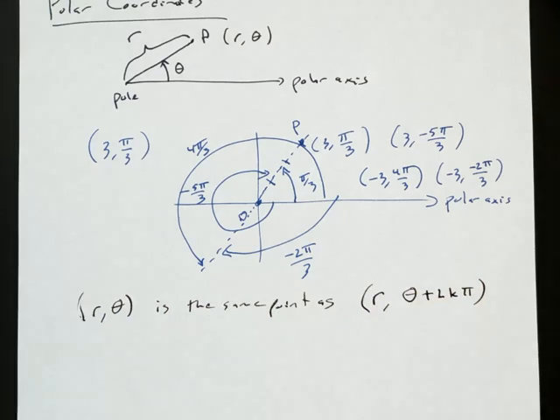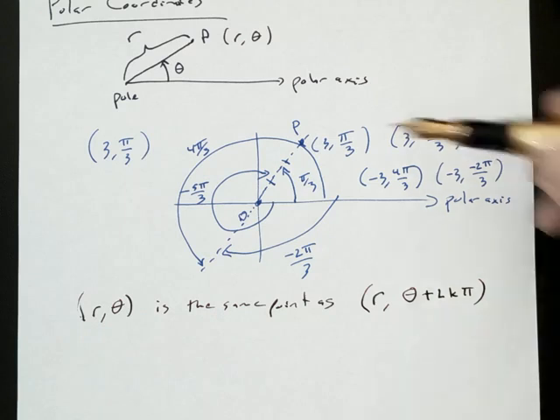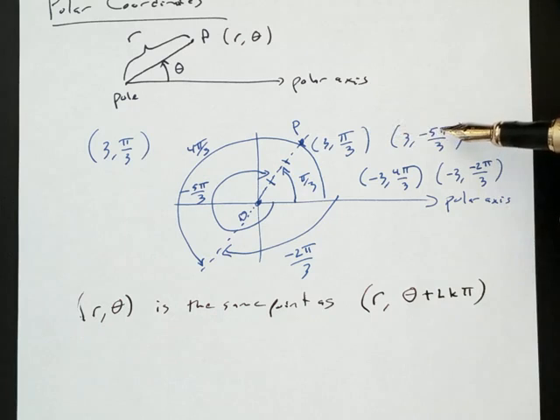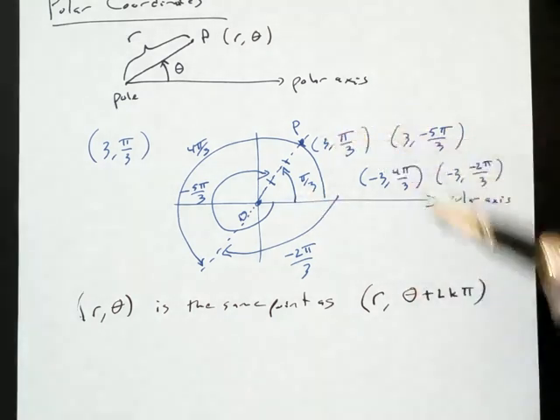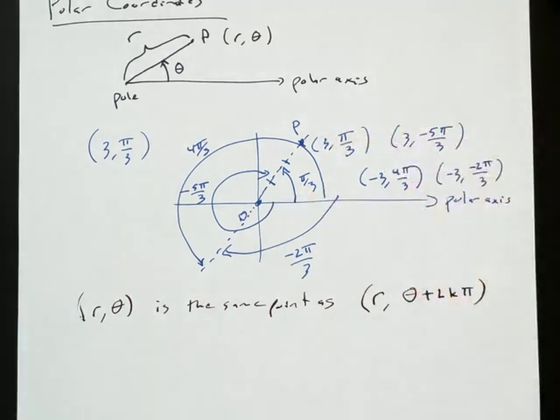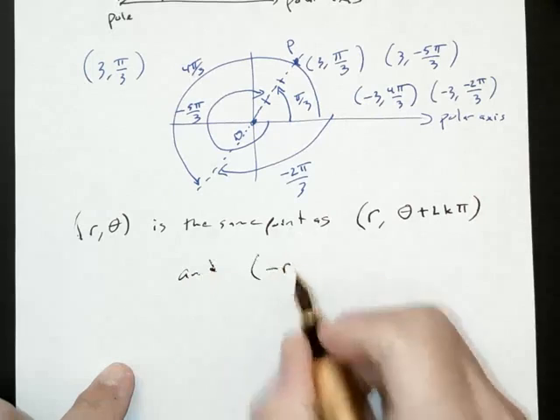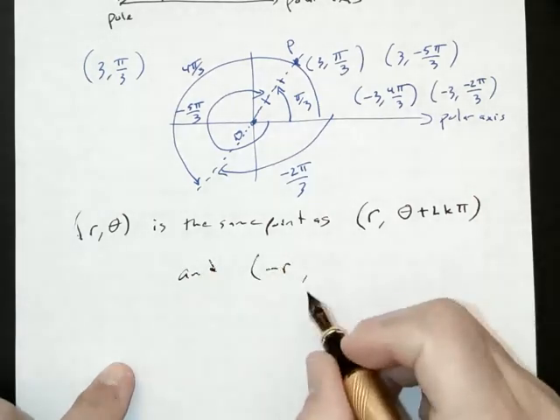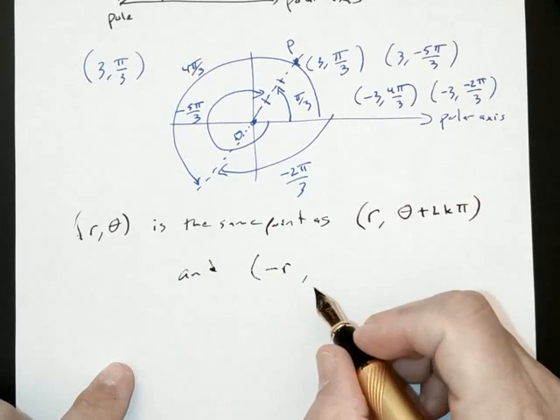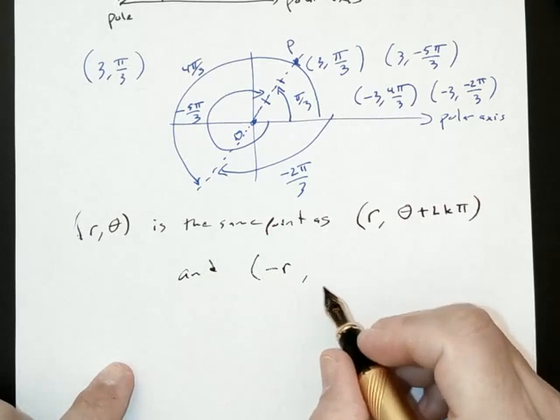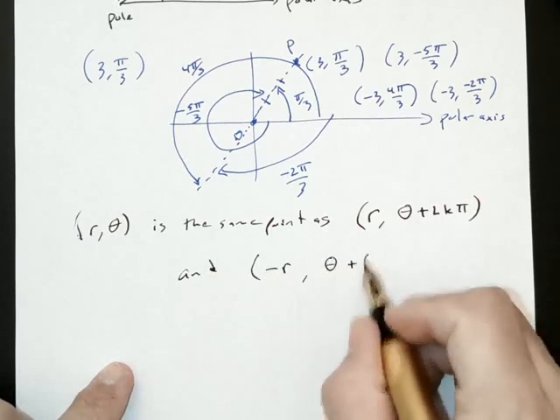I can add any multiple of 2 pi and hit the exact same point. And that's what we did here. We subtracted 2 pi. K is -1. And that'll put me at the exact same point, just going the other way. Also, if I make the r negative, then I have to add 1 pi, or any odd multiple of pi.